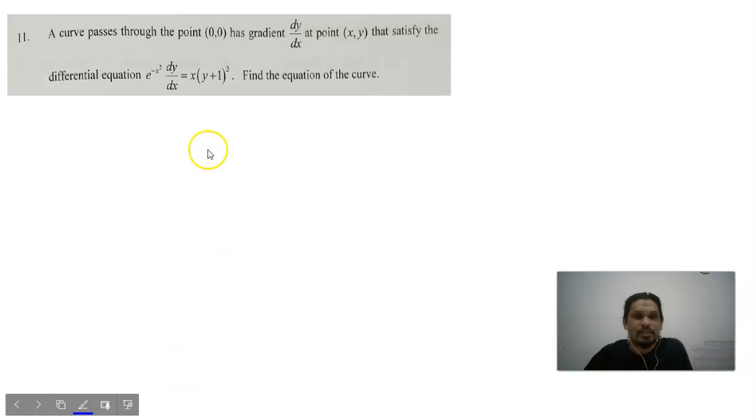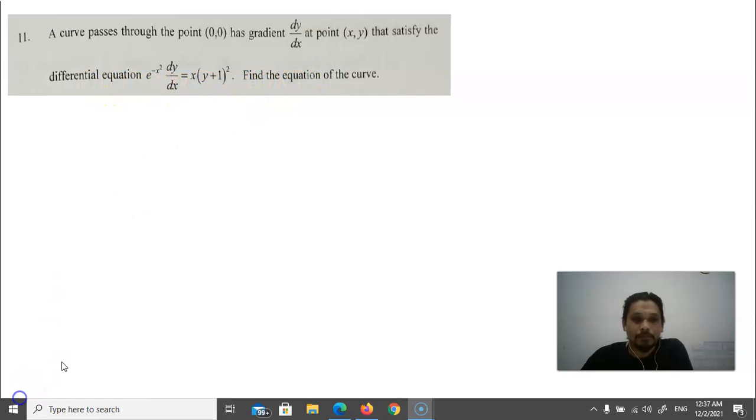The first question: a curve passing through the point of 0, 0 has a gradient of dy/dx at a point of (x, y) that satisfies the differential equation of this. Find the equation of the curve.